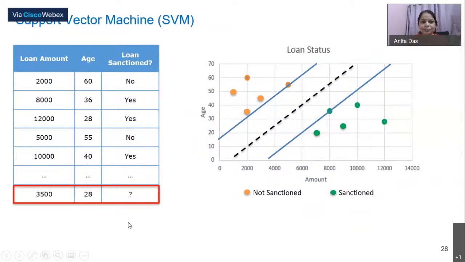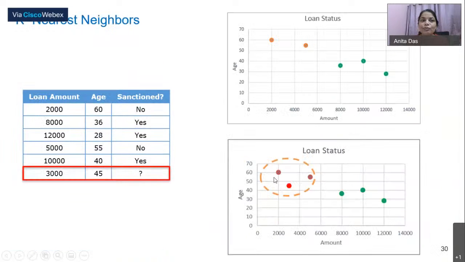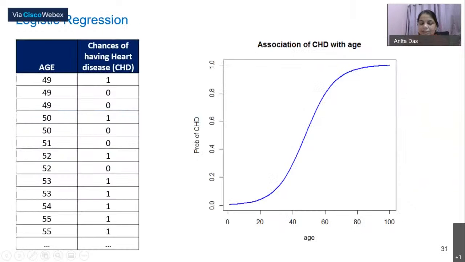Here is an illustration of how support vector machine is a distance-based classification. If you see a decision tree, depending on various rules you come up with a tree, and you use this tree as a model. Similarly, with k nearest neighbors we talk about similarity: given an instance, how similar it is to its neighbors, and accordingly we classify that data point.